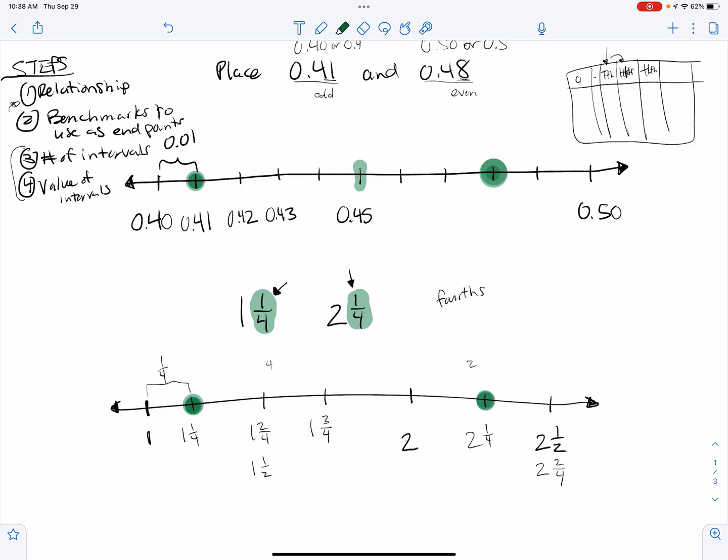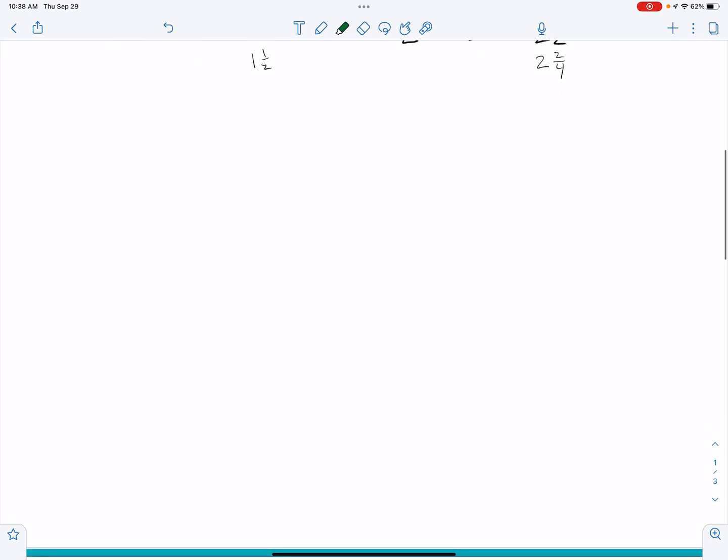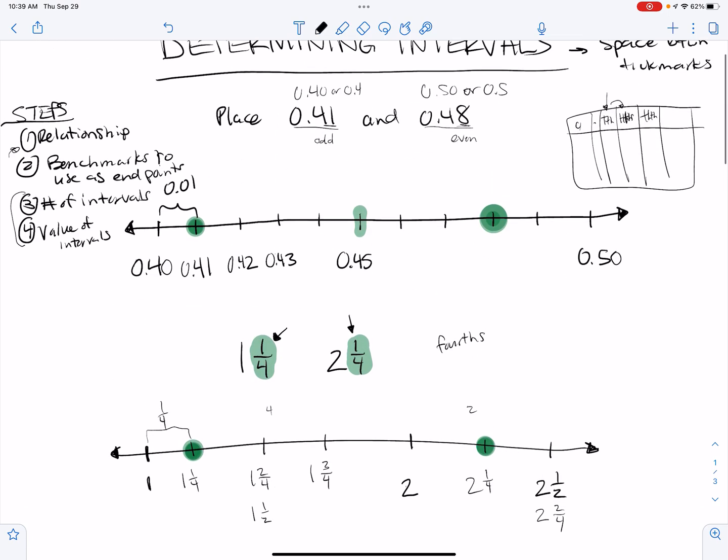So these are a couple good little examples there, but there are some patterns and some generalizations that we can use when we're working on our number lines. If we are looking at a number line, and we've got some place value things, we notice that up here, because we were looking at tenths, we ended up using the hundredths.